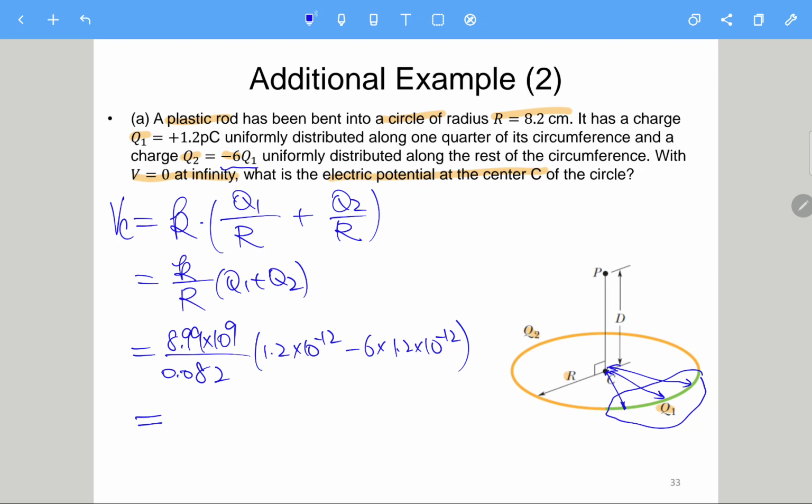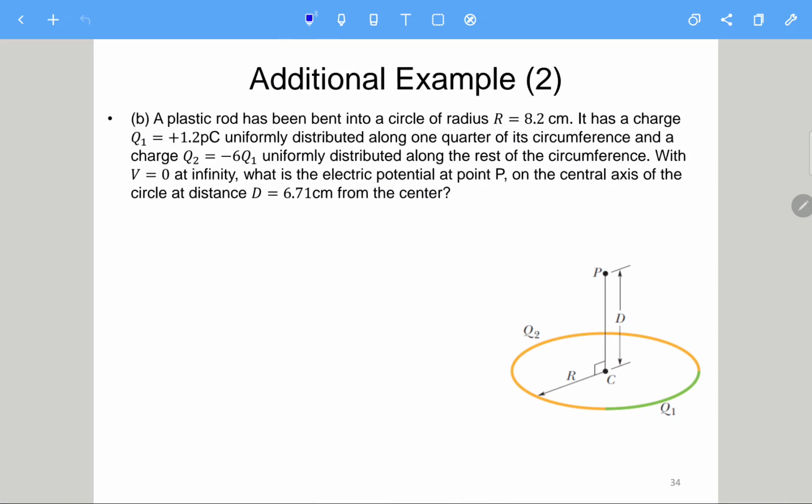So it turns out to be minus 2.3 volts. So this is the first question, and then for part B.